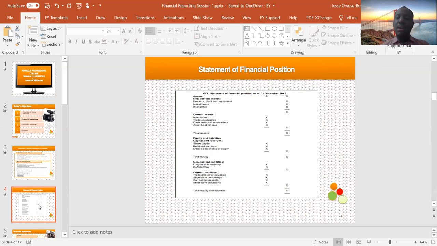Per the accounting rule, you should always remember this: total assets is equal to equity plus liabilities. So it should balance out. Everything should balance out very nicely. Basically, that's the statement of financial position structured in this way. We are talking about presentation here. So this is very, very important.